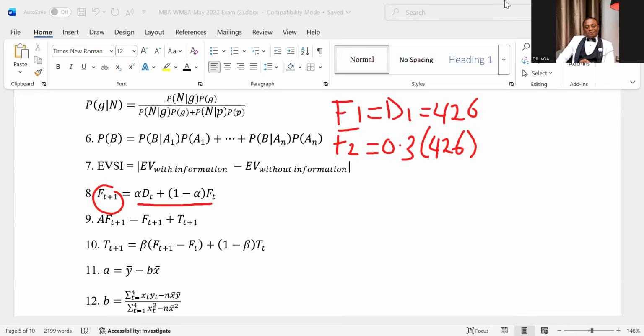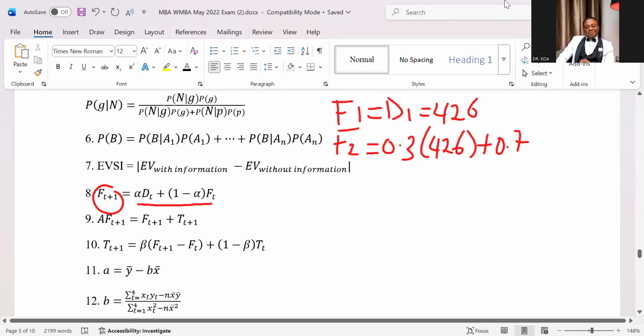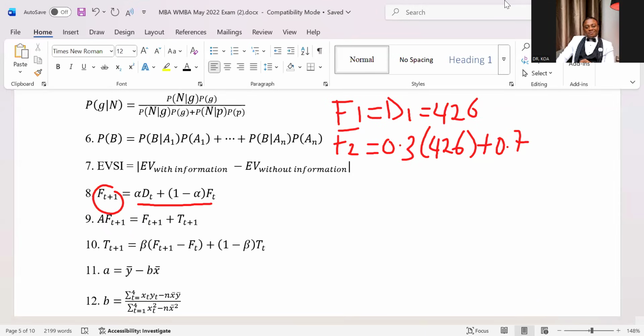Then you do plus 1 minus alpha, which is 0.7, multiplied by, and again, check the formula, FT. What is the value of F1?